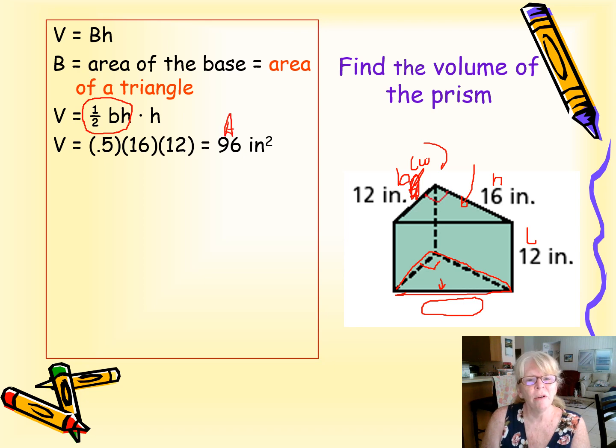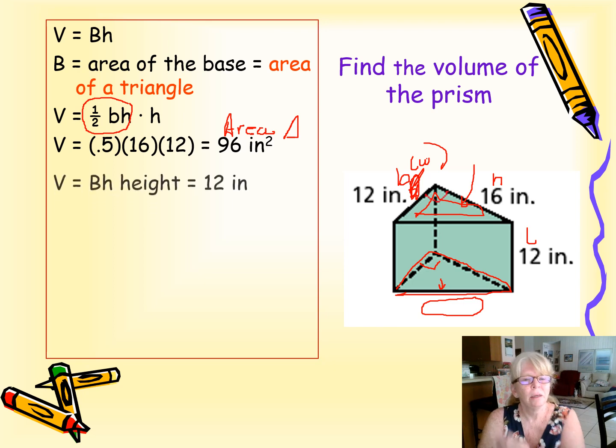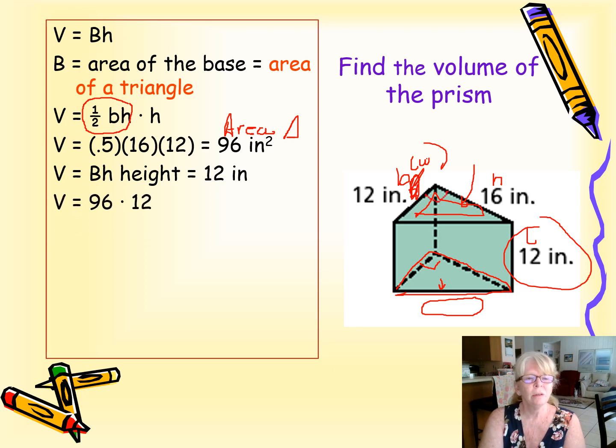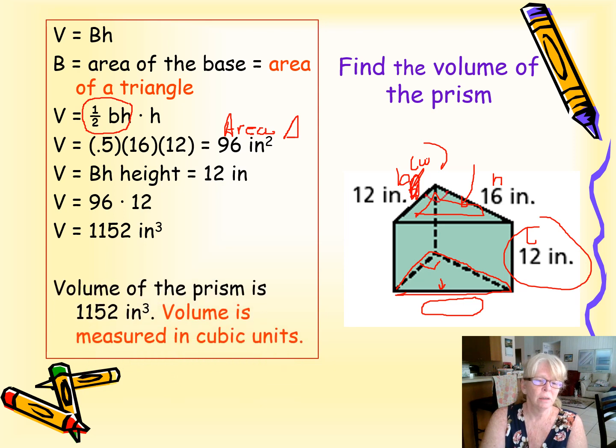This is the area of that triangle. And that's this one here. Okay. So you're not finished. So then the base times height, the height is 12, which I labeled a little different, but it's still the same three numbers, I promise you. So then you do the 96, the area of the triangle, times 12 length or height, however you stand it, and you end up with 1,152 cubic inches. So that's the volume.